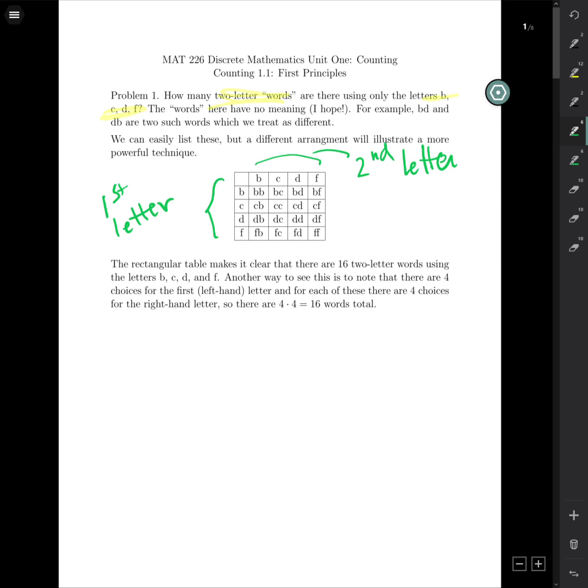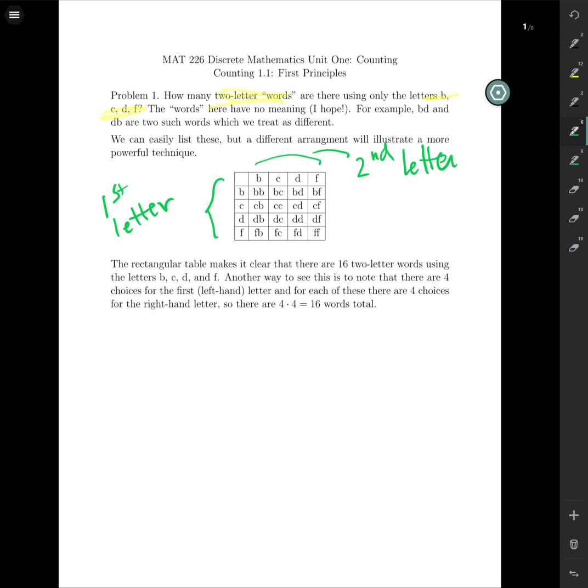There are 4 first letters and 4 second letters possible, and therefore there are 16, 4 times 4, two-letter words made from B, C, D, and F.